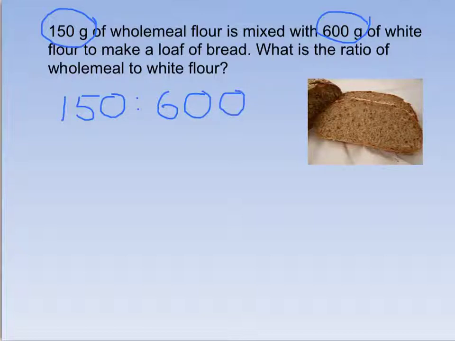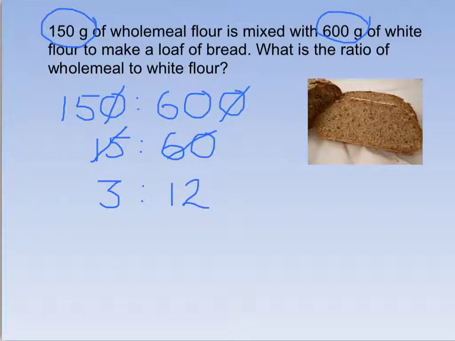So when we look at these two numbers, we could see that we could cancel down by 10 first of all, which would take that one down to 15, and cancel down by 10 again, and we get 60. Now we can cancel down a bit further because each number can be divided by 5, so 5s into 15 is 3, 5s into 60 is 12.